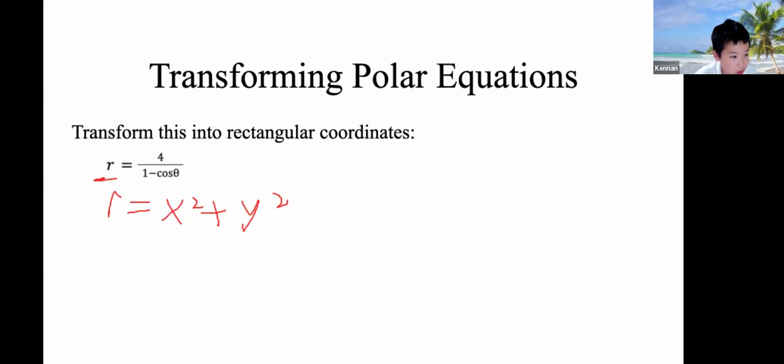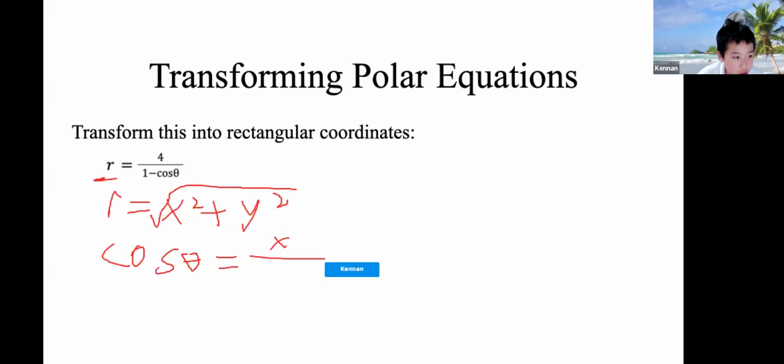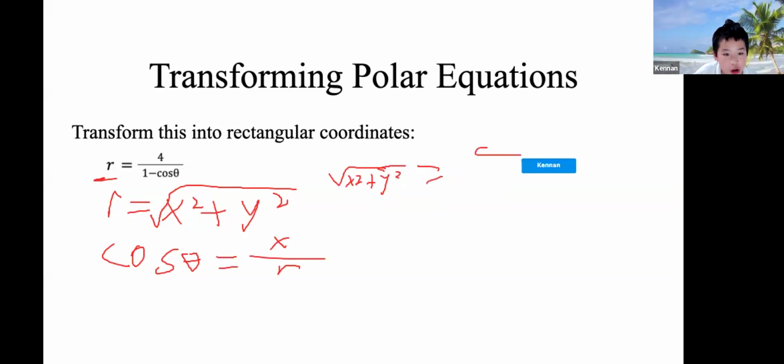And cosine theta is basically equal to x over r, so you can plug it in later. But anyways, we get root x squared plus y squared equals 4 over 1 minus x over r. So basically, let's square both sides.